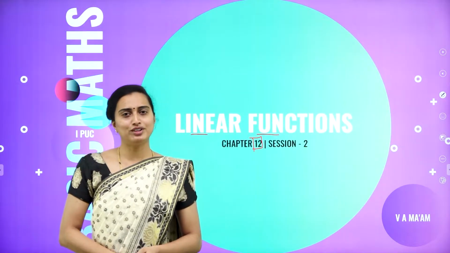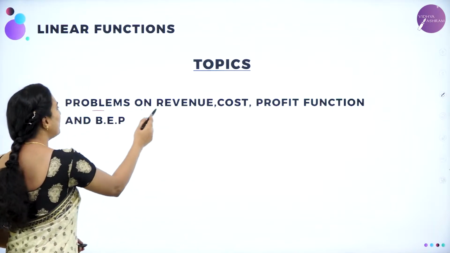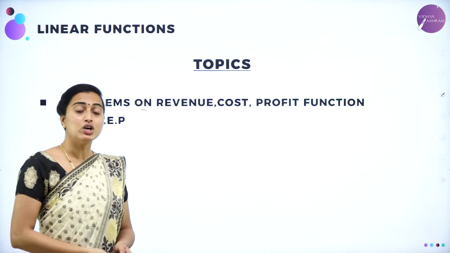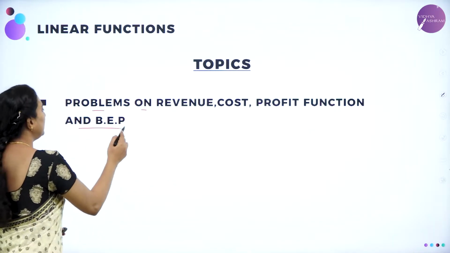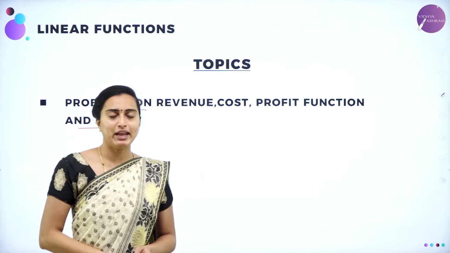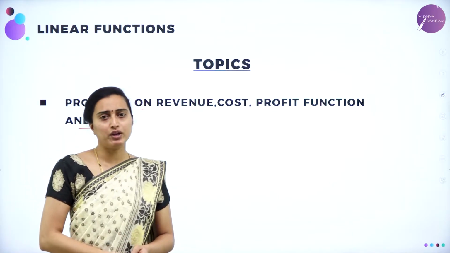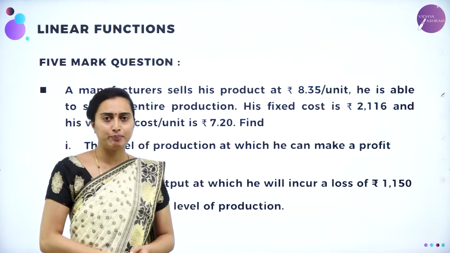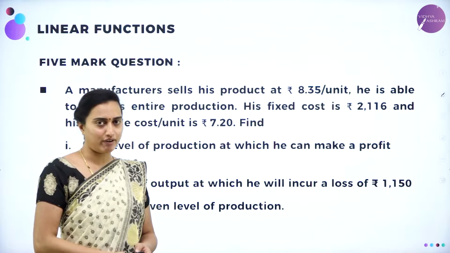The topics we are going to study under this session are problems on revenue function, cost function, profit function and then BEP, that means break even point. Understood? Now how many marks are we going to have here? 5 marker problems, dears.